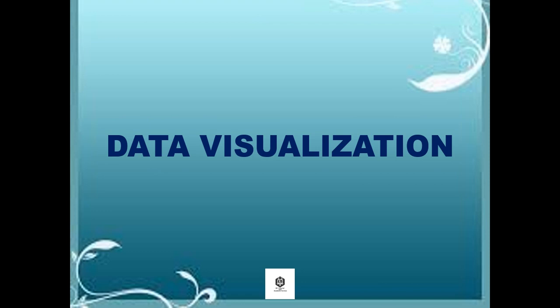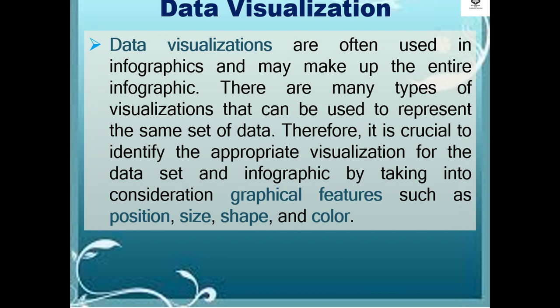Let's proceed to data visualization. Data visualizations are often used in infographics and may make up the entire infographic. There are many types of visualizations that can be used to represent the same set of data.